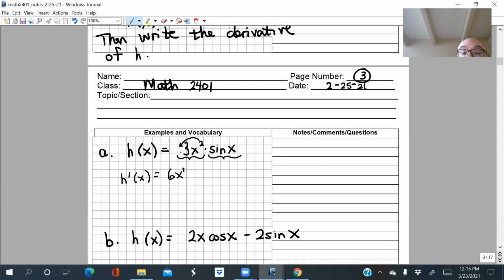So you take the derivative of the 3x squared, and then you multiply it times the sine of x, but don't take the derivative of sine of x, okay? Just keep sine of x, all right? Then you alternate that. Keep the 3x squared, and then multiply it. Then take the derivative of sine of x. But what's the derivative of sine of x?